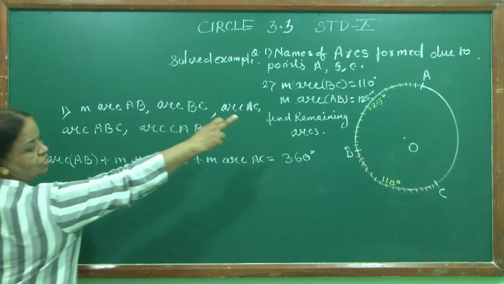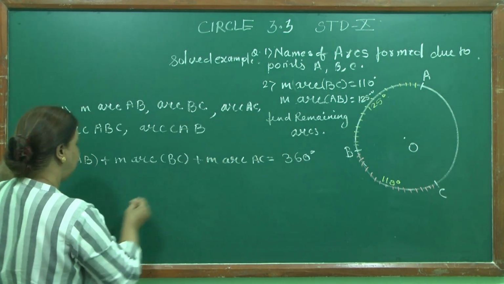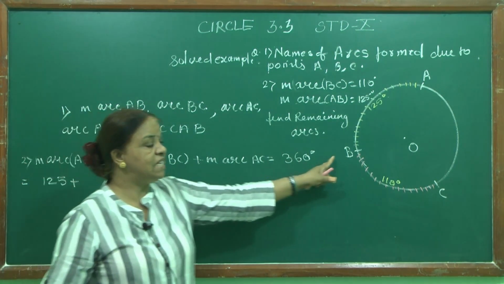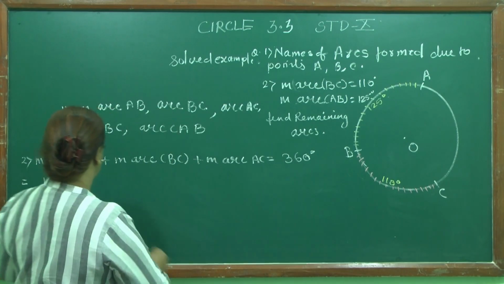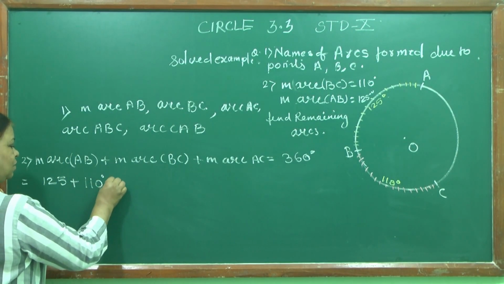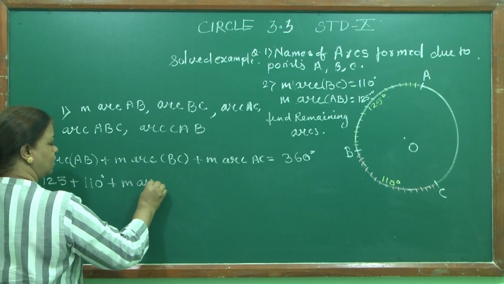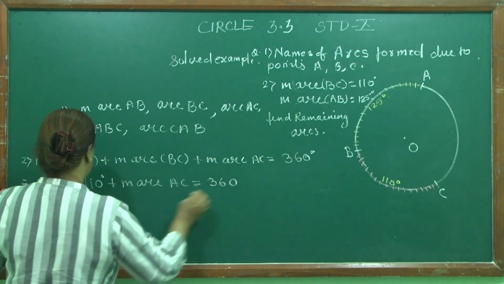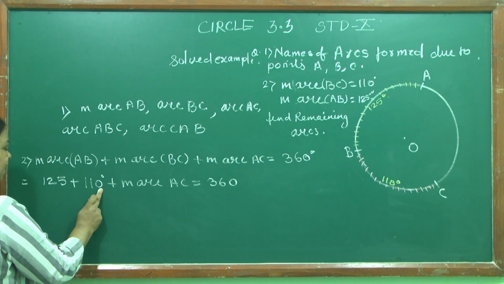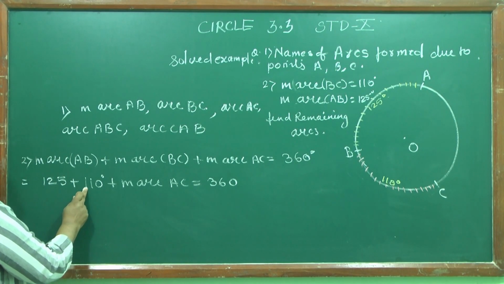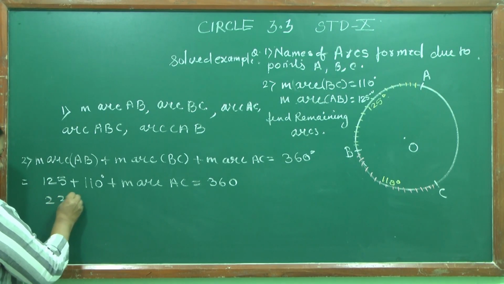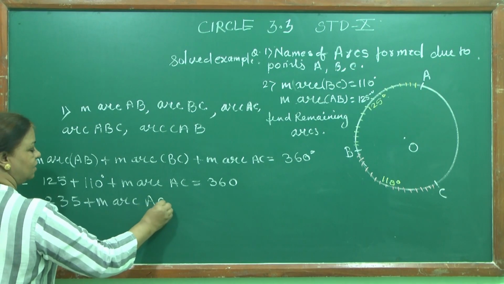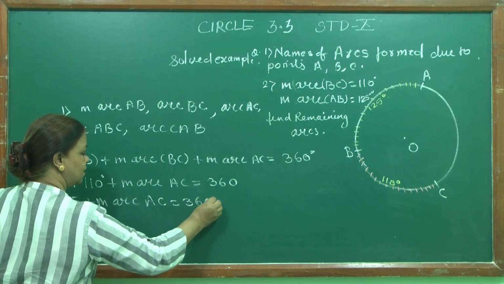Measure arc AB is 125 degree plus measure arc BC is 110 plus measure arc AC is equal to 360 degree. 125 and 110 is 235 plus measure arc AC equals 360.